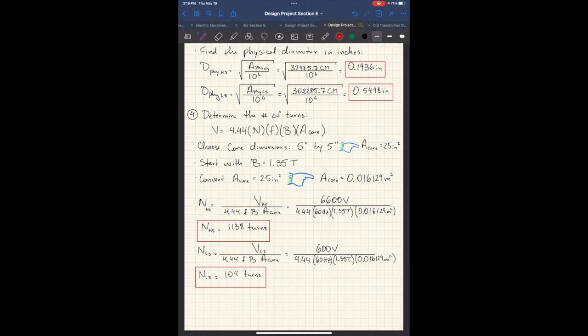So, from the number of turns and the diameters, we'll be able to find out how big the core has to be. In other words, how tall does it have to be? How wide is it going to have to be? All that stuff we need to find out using this set of information.